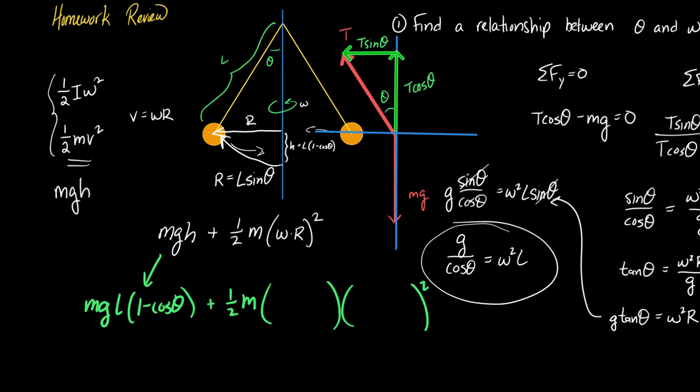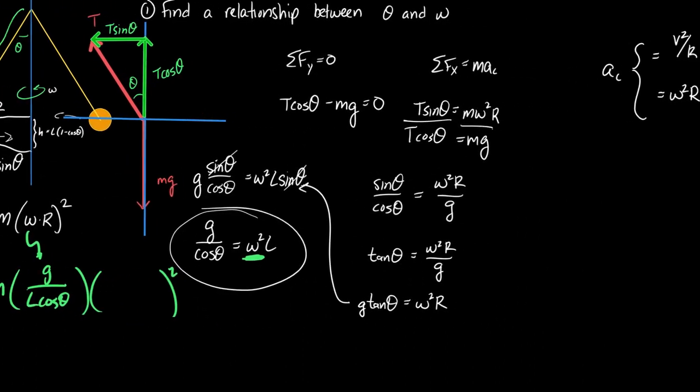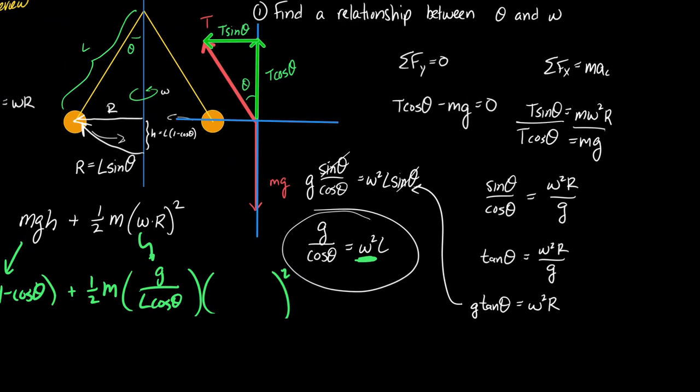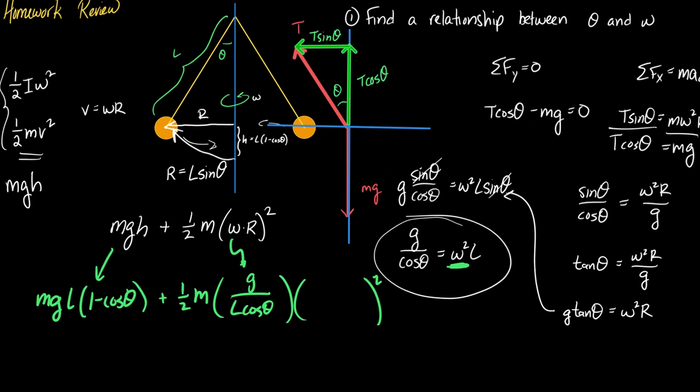So let's find omega. It's omega squared already, so it's g over L cosine theta. That's omega squared, and I just took that right from here. And somewhere on this paper, we have r. Oh, there it is. R is L sine theta. I mean, there's nothing pleasant about this, but that's what the answer looks like. This is the energy in terms of theta.